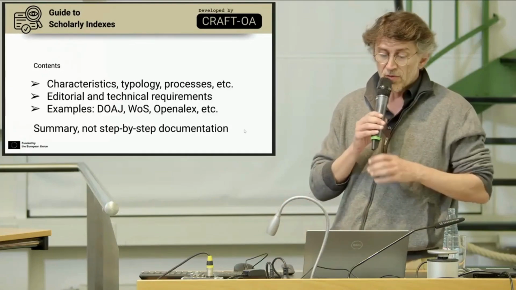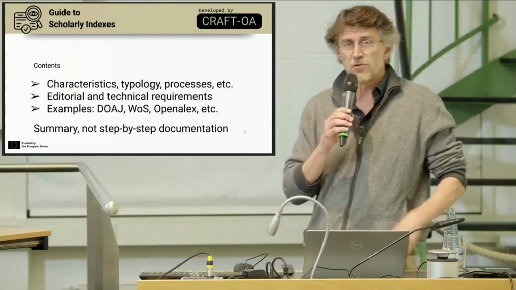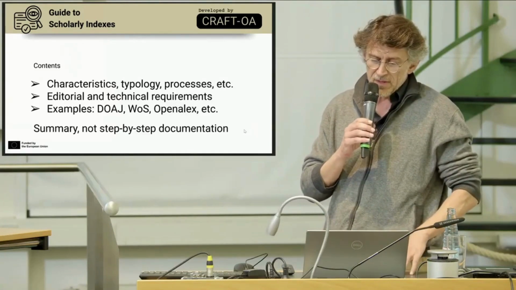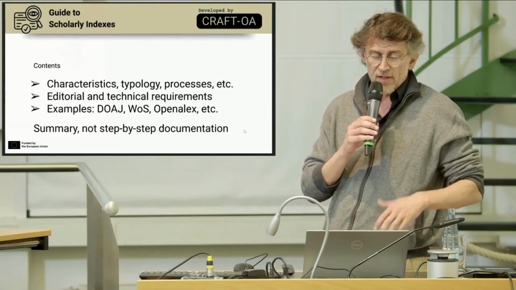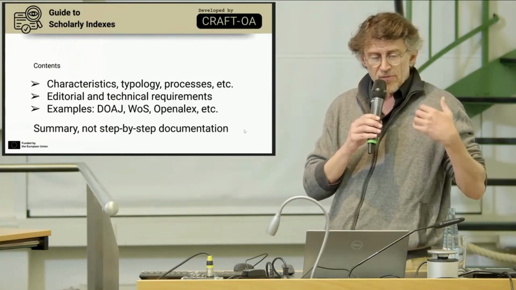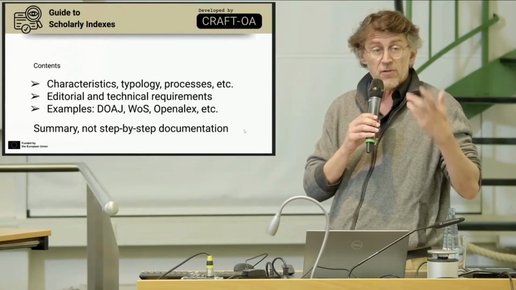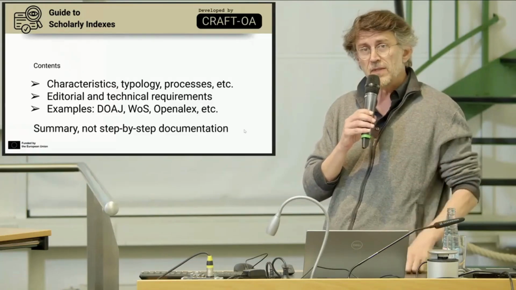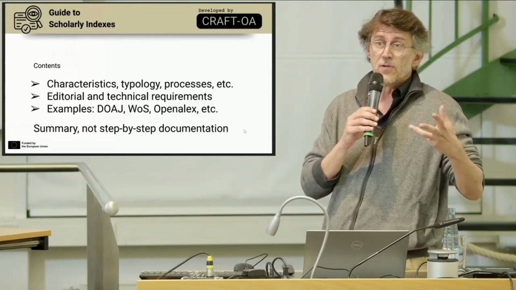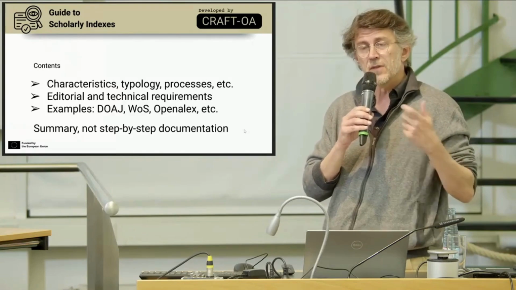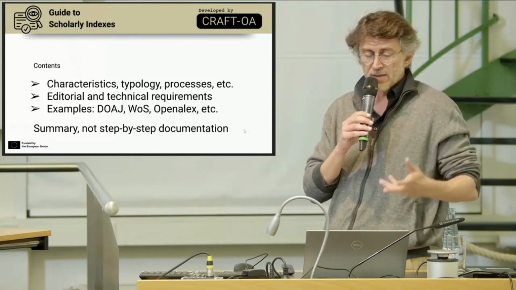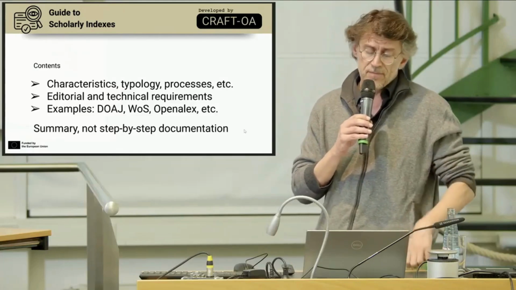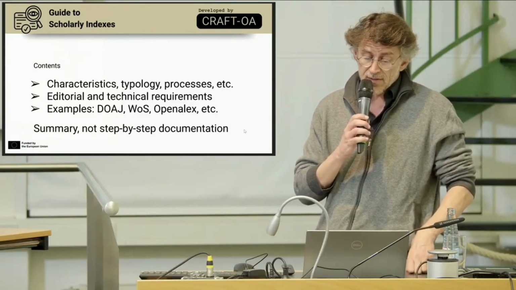As for the contents, I didn't put screenshots here because it would have been difficult to see all the data. But basically, what you have are the characteristics of these indexes, their different types, their workflow processes, whether they collect data automatically or you have to send data, and all those aspects that define these scholarly indexes.